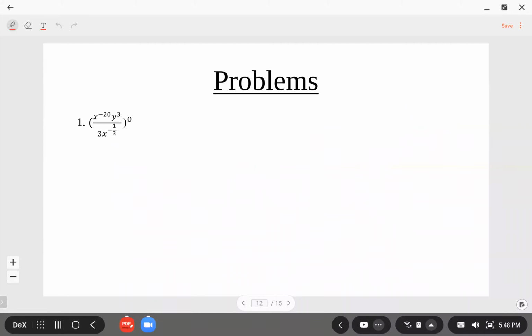Now let's start doing problems. This first one, matter of seconds. Get it done. First problem, practice problems. These are actually practice problems. Don't let this complicated problem fool you. Pay attention to the last exponent. It should be pretty quick.